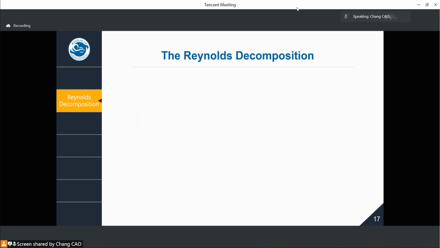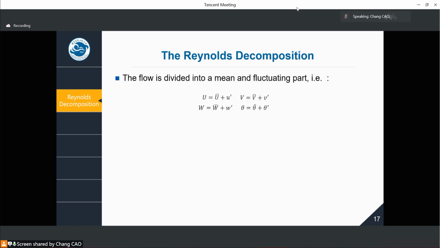Then let's look at the Reynolds decomposition here. The flow is divided into a mean and fluctuating part, which means like this. For the three velocity components u, v, w, we can write them as u bar plus u prime, v bar plus v prime, w bar plus w prime.